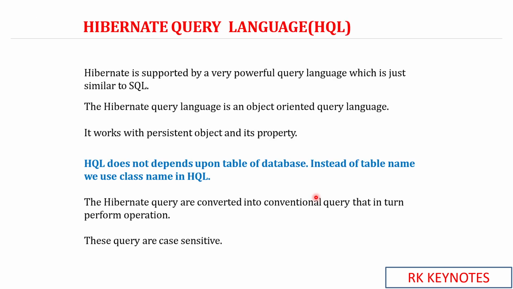Now let me just sum up with this. HQL does not depend upon the table. Instead, we'll be using the class name, right? POJO class name. So that's the only thing. Maybe if you rename your table name, then in JDBC, we have to change our source code, even the table name everywhere in the queries, right?